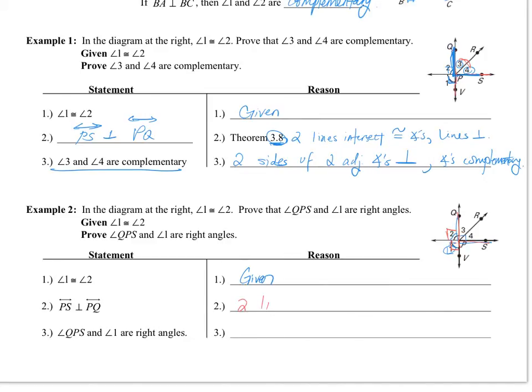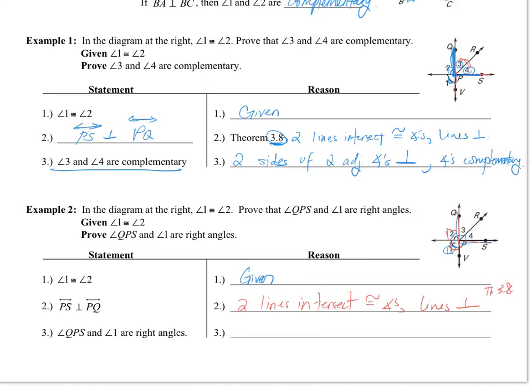So two lines intersect to form congruent angles, so the lines are perpendicular. So this is theorem 3.8.